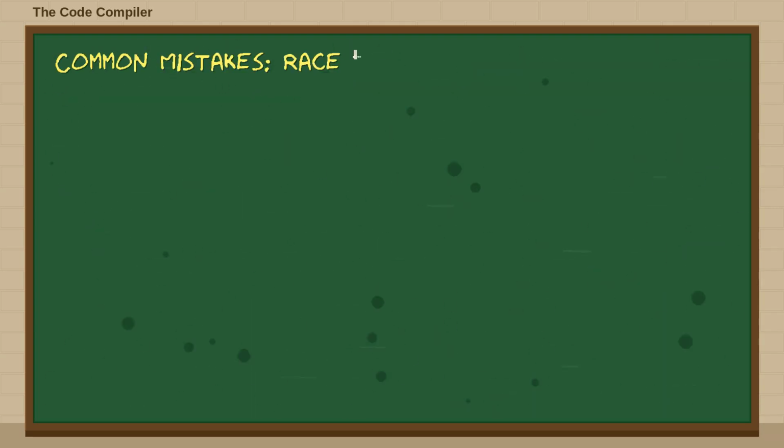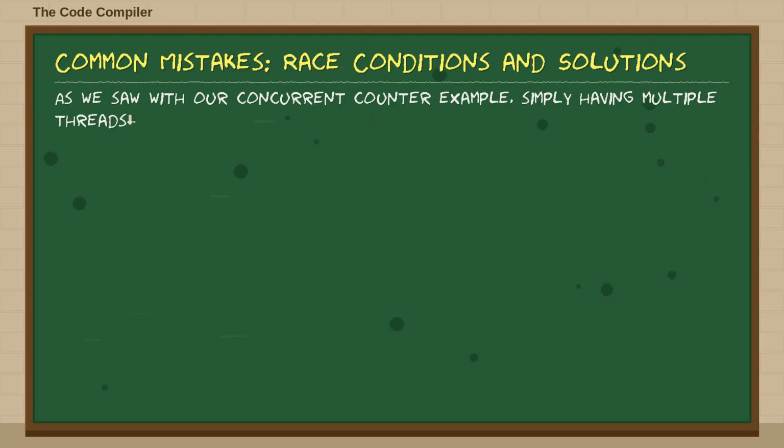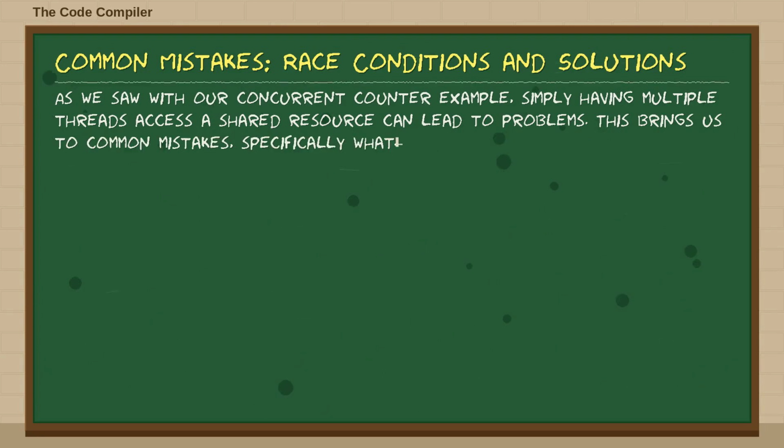As we saw with our concurrent counter example, simply having multiple threads access a shared resource can lead to problems. This brings us to common mistakes, specifically what is known as a race condition.